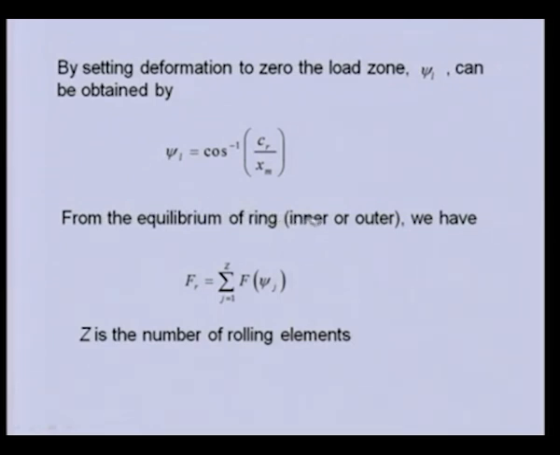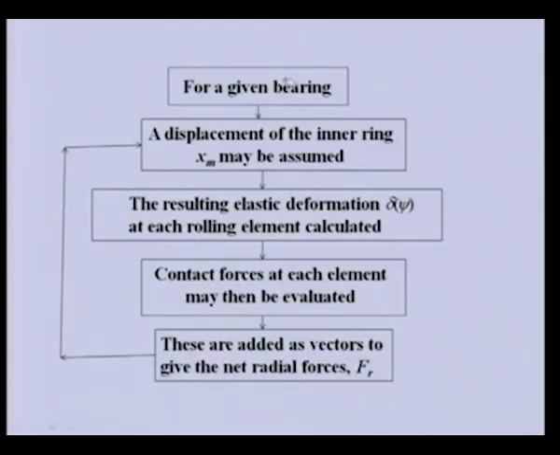Now we can take the equilibrium of a ring. That means all such forces because of the ball at various angular positions xi, we can sum up for all the rollers. If these rollers are outside the contact zone, those terms will be 0. So that should be equal to the external applied load, where z is the number of rollers. So basically for a given bearing we can choose this particular displacement.